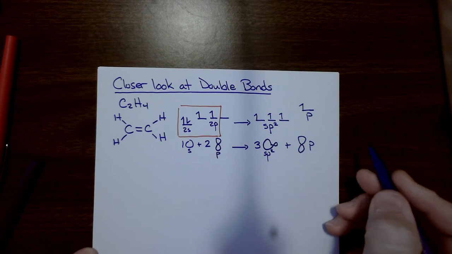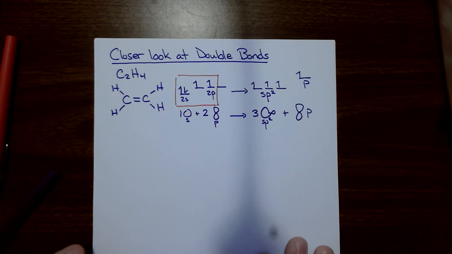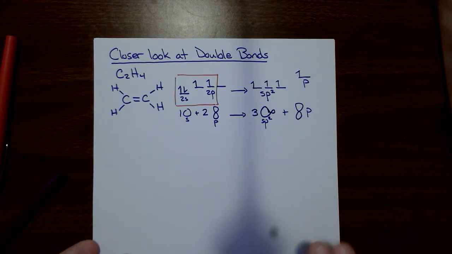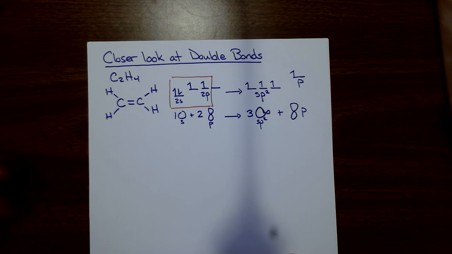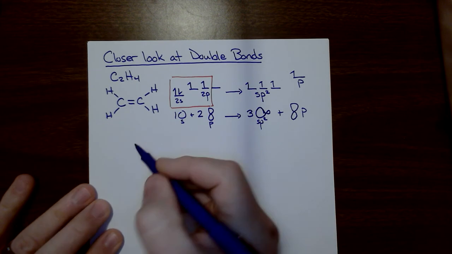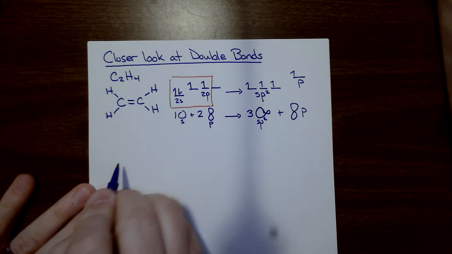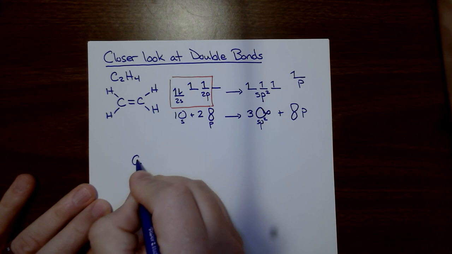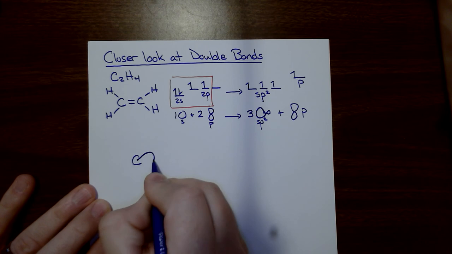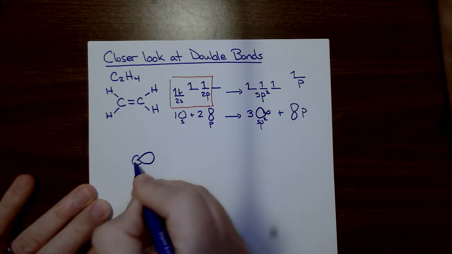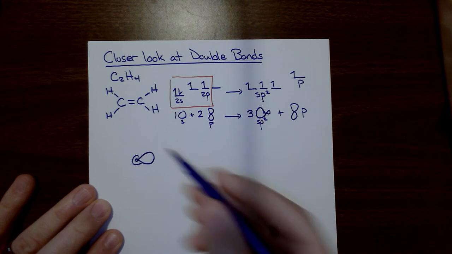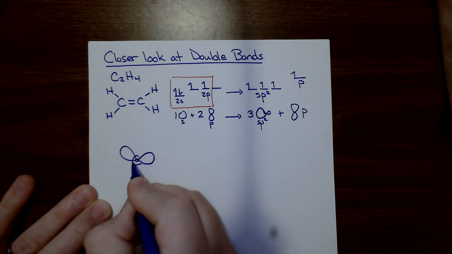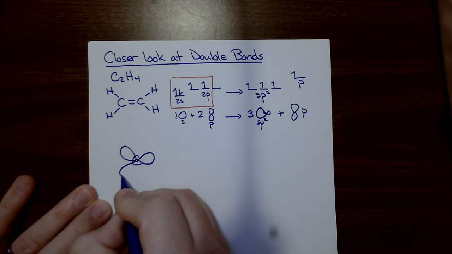So now, what is that going to look like? Again, remember, I'm going to do the best I can to draw this. I'm not a very good artist, but I will do what I can. We have a carbon, and this carbon is going to have an sp2 hybridized orbital out this direction and an sp2 hybridized out this direction.